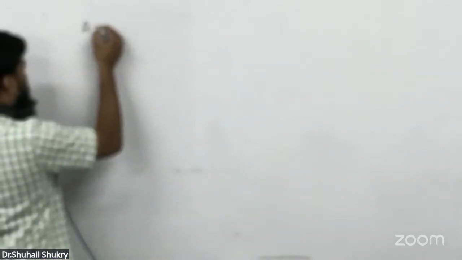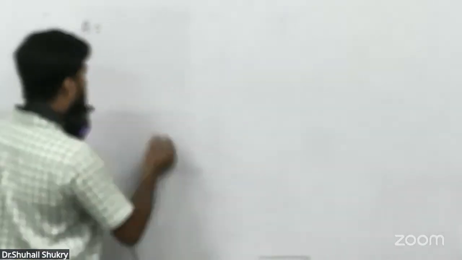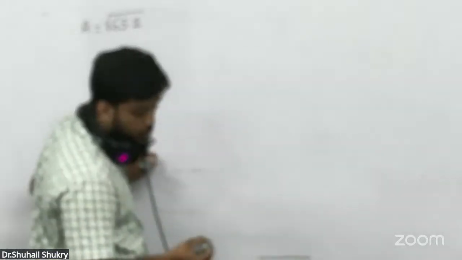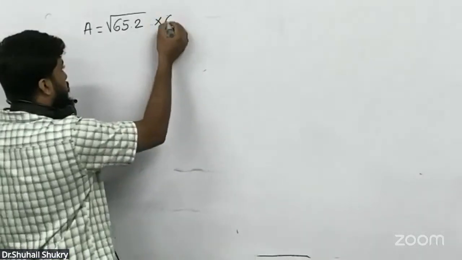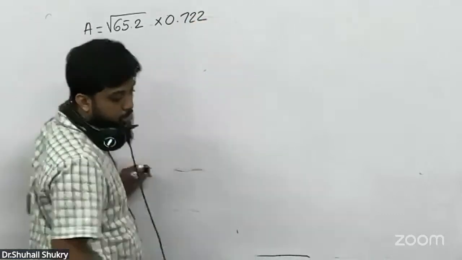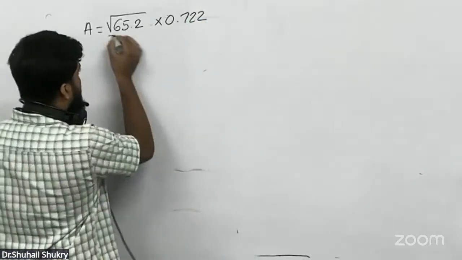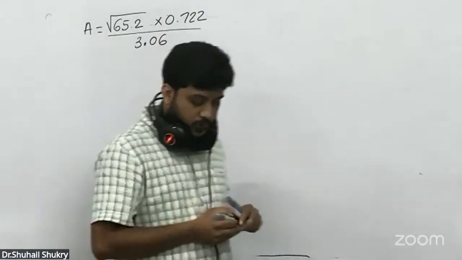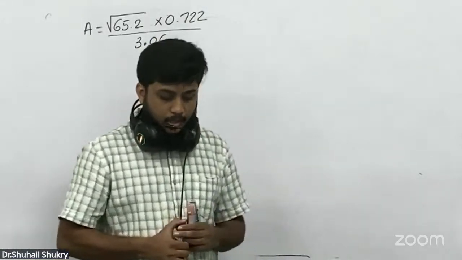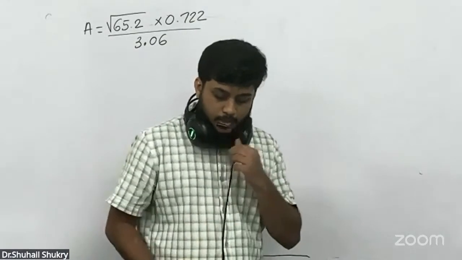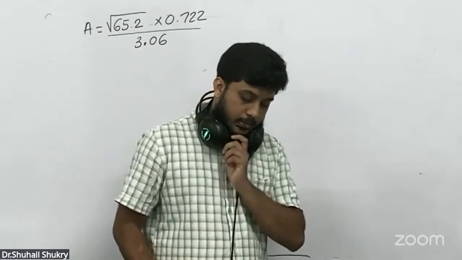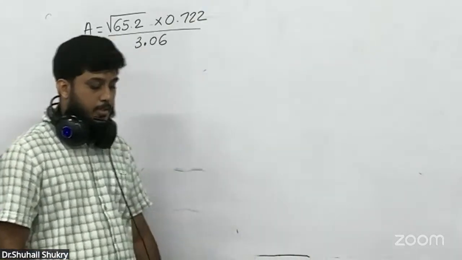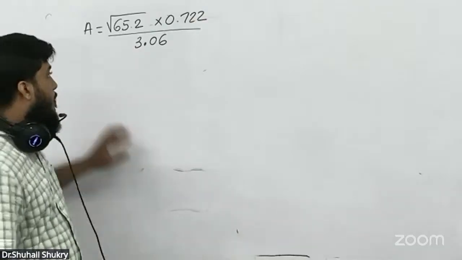A equals square root of 65.2 into 0.722 divided by 3.06. Find the value of capital A to the nearest second decimal place using the logarithm table.